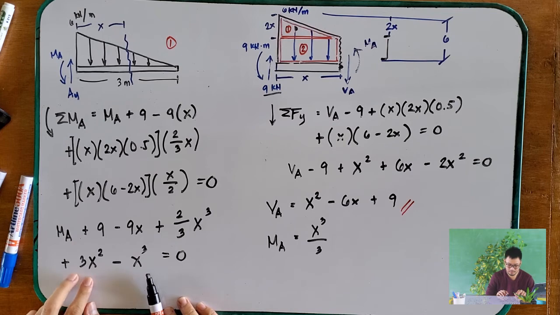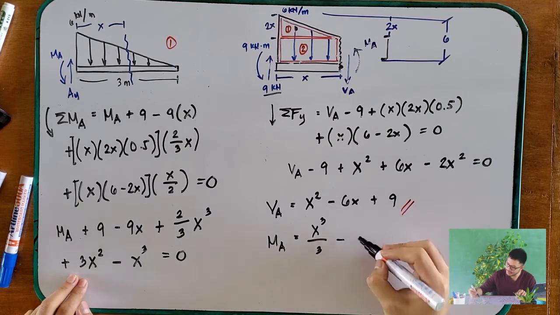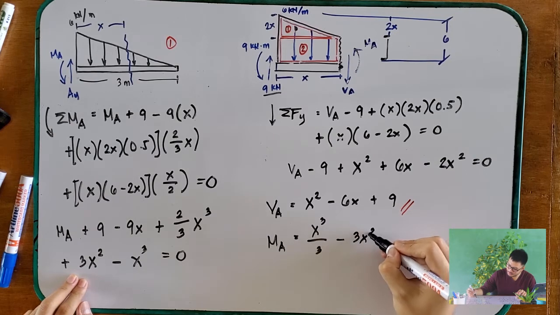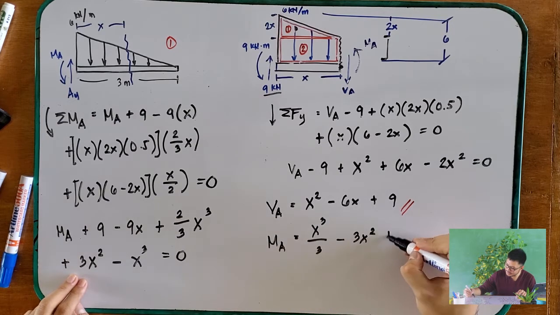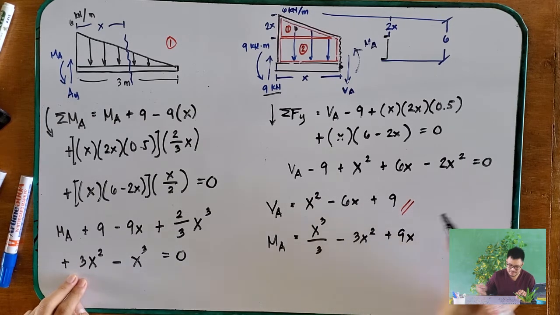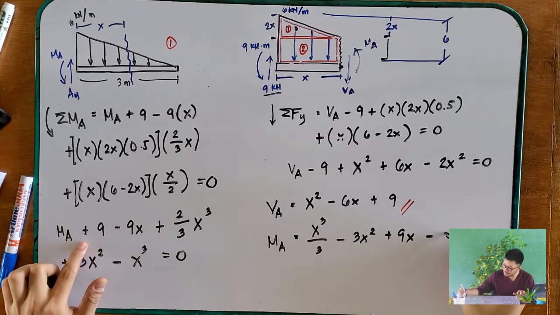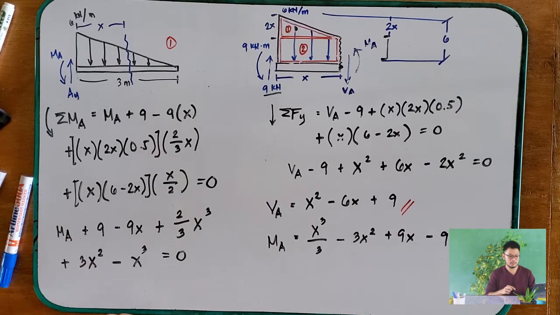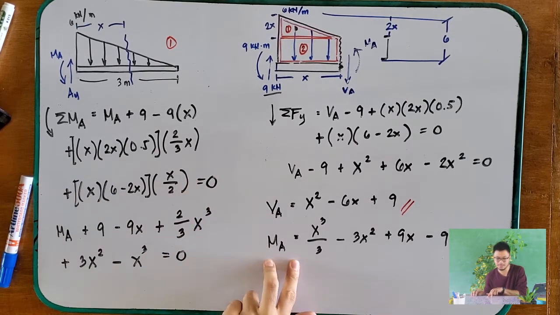Next, minus, we already transposed it, so it's like a square, 3x squared. Next, we have no x, plus 9x. And then last, the constant, minus 9. Oh my goodness. Okay, so this is your moment equation.